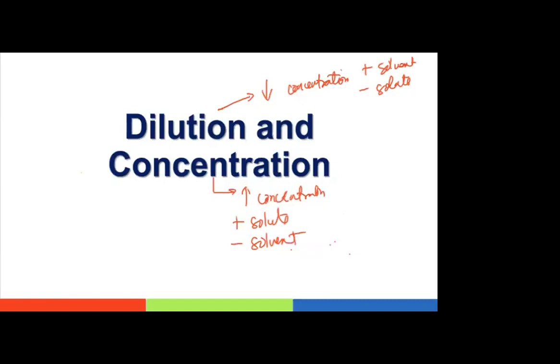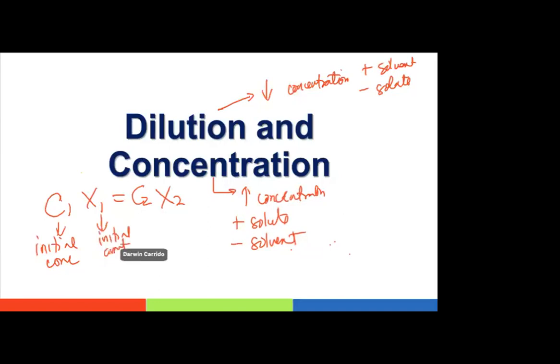And the most foundation formula for dilution and concentration is C1 X1 is equal to C2 X2, where C1 is the initial concentration, X1 is the initial amount, C2 is the final concentration, and X2 is the final amount.